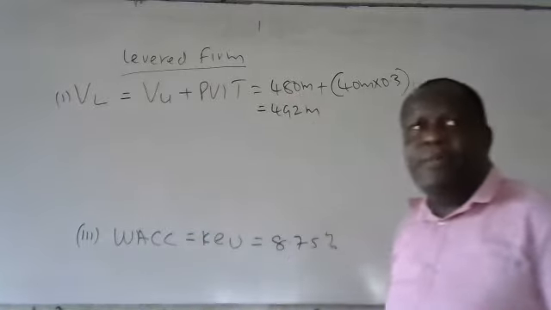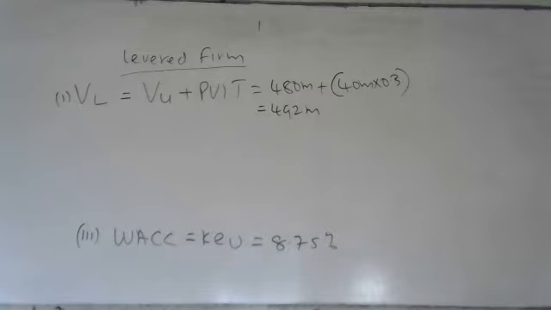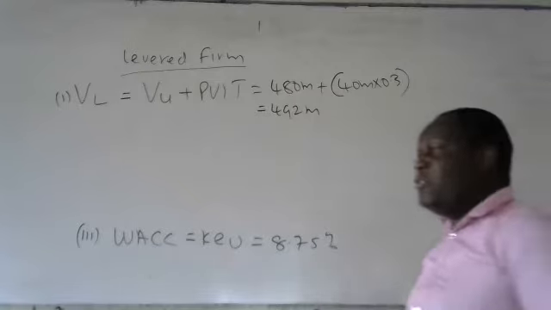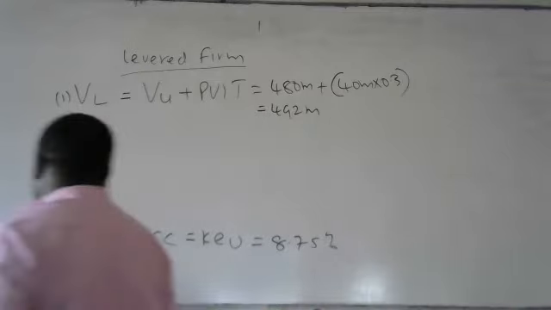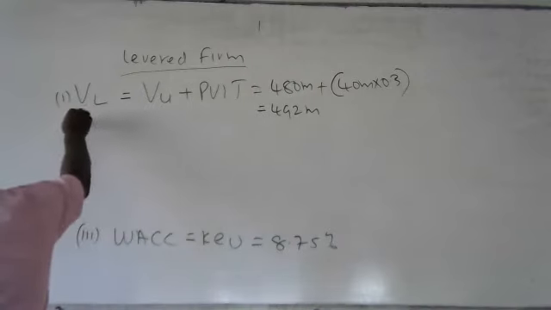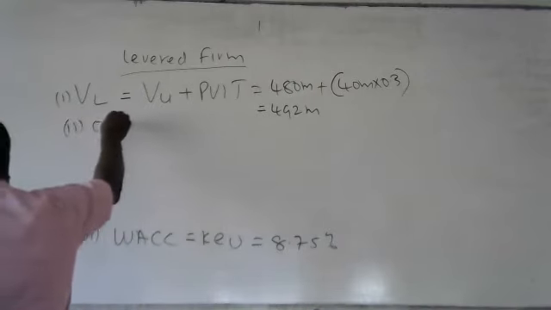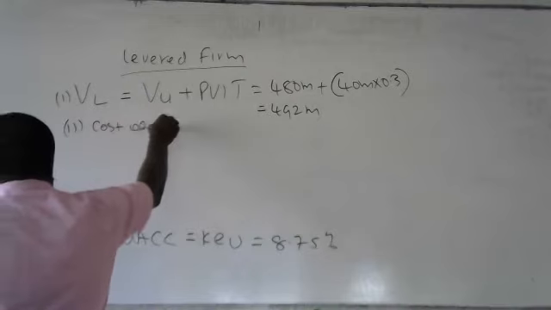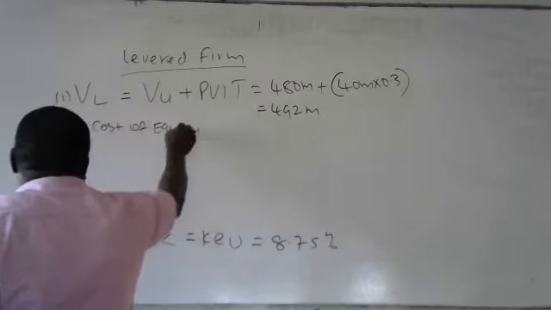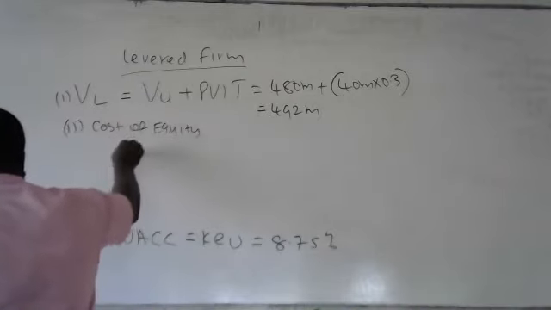Once you have that, we now also go to the cost of equity. We also compute now the cost of equity. So cost of equity is now KEL.